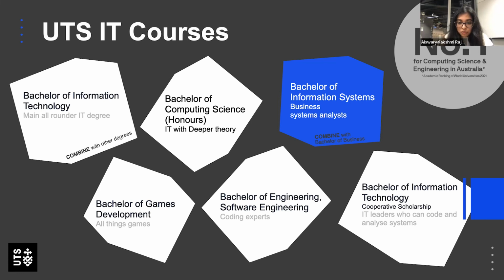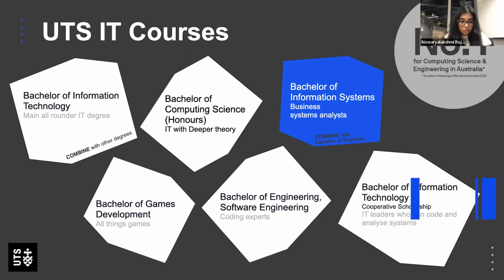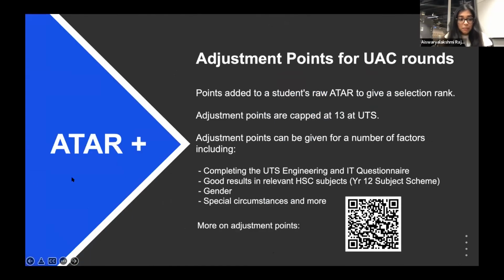I will now move on to more of studying at UTS, but definitely keen for you guys to ask any questions for Morteza and Faiza towards the end of the session as well. But now we'll move on a little bit about studying at UTS. So, adjustment points for the UAC round. These are points that are added to a student's raw ATAR to give a selection rank.